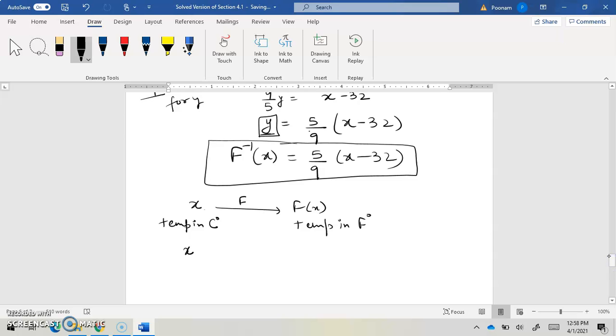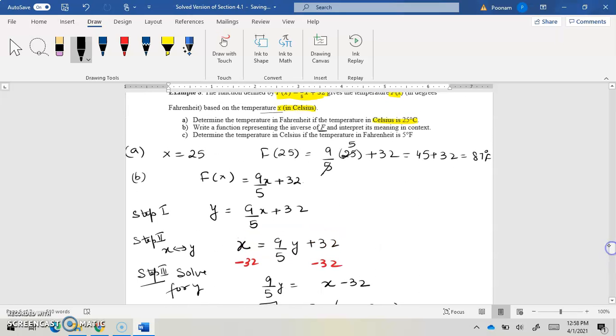That was temperature in Fahrenheit degrees. We are applying f inverse on it. What does that do? That gives us f inverse of x, which is temperature in degrees Celsius. So we got a formula which now converts from temperature in Fahrenheit to temperature in Celsius.